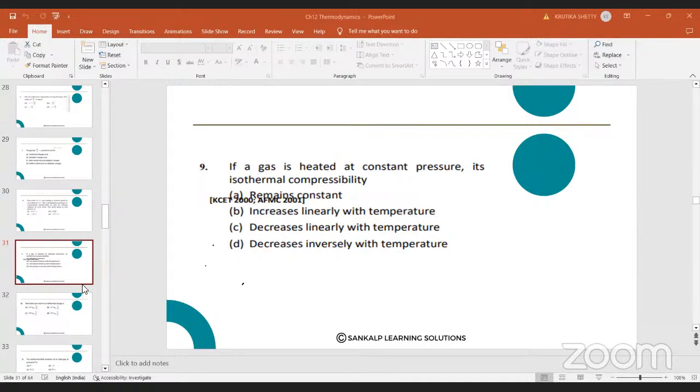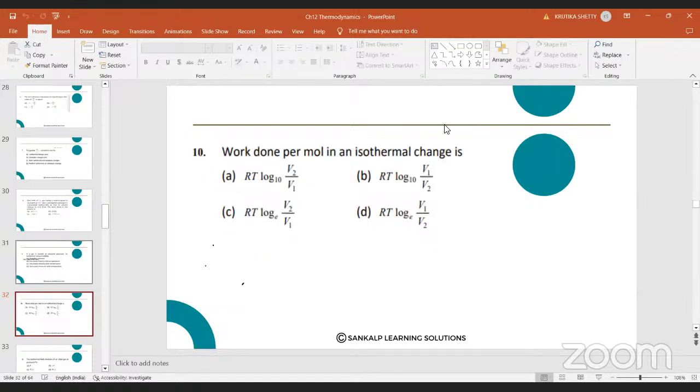Work done per mole in an isothermal change is RT log to the base 10 V2 by V1, RT log to the base 10 V1 by V2, RT log to the base e V2 by V1, or RT log to the base e V1 by V2. Which one?